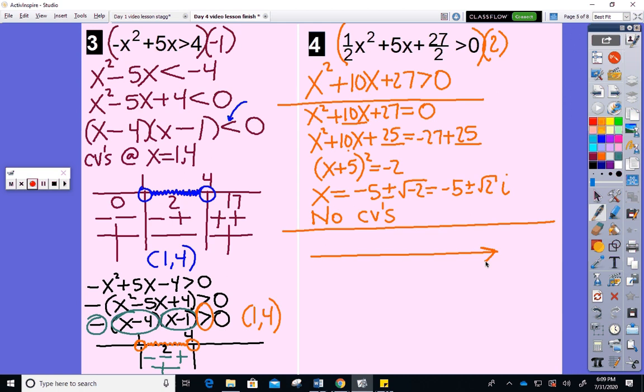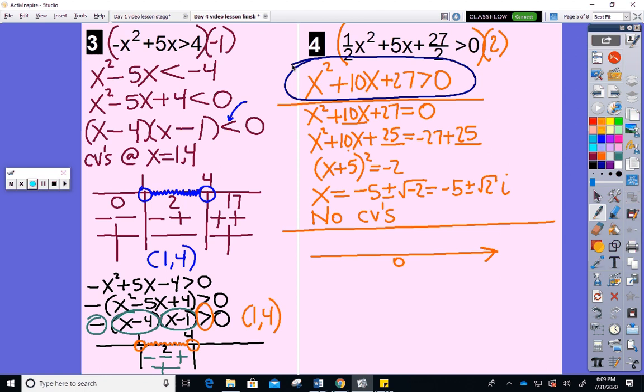Well, what's your easiest test value? 0 if you can pick it. So plug 0 in to the inequality that's most clean. Well, do you see that 0 squared plus 10 times 0 plus 27 is positive 27?